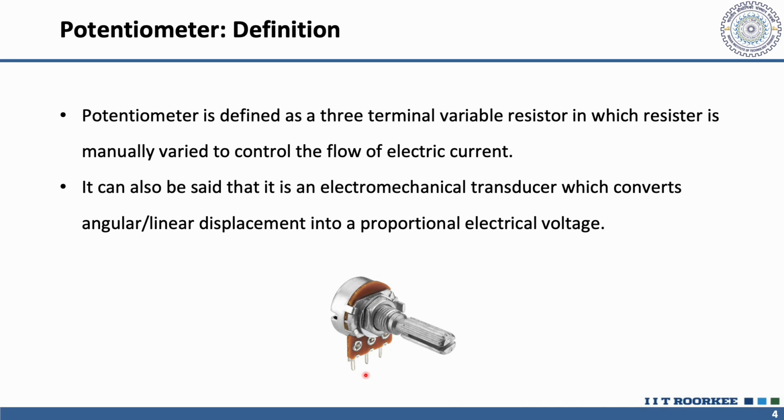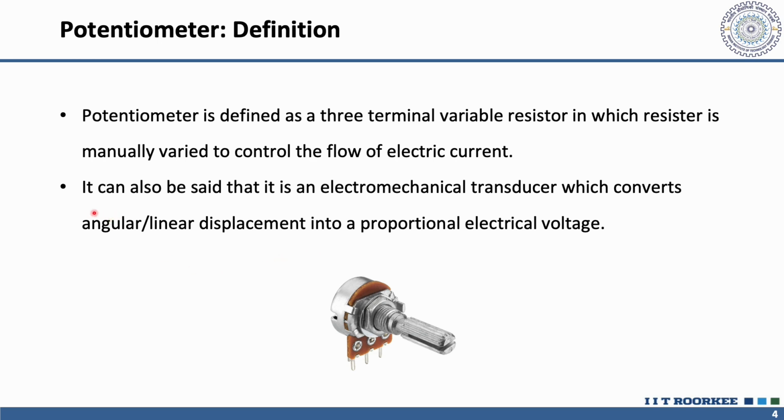This resistance can be manually varied by rotating this knob. This knob is free to rotate, and if you rotate it, then the resistance between these terminals changes. Since we are changing the resistance between these terminals, if we apply a constant potential between the terminals, then the flow of electric current will change. Now if you read this definition, you will understand what it is trying to say.